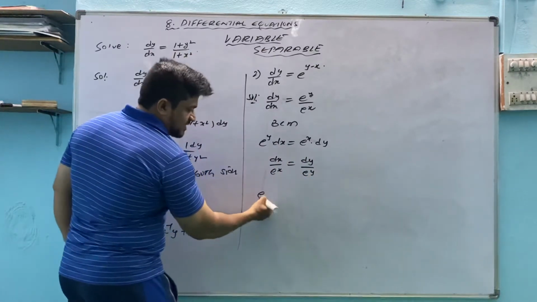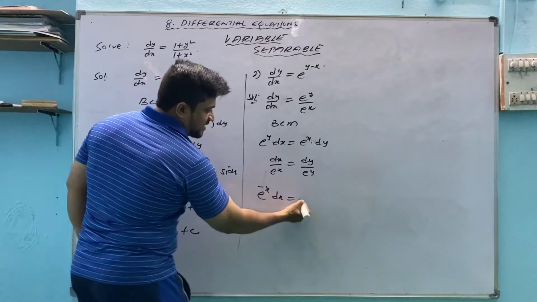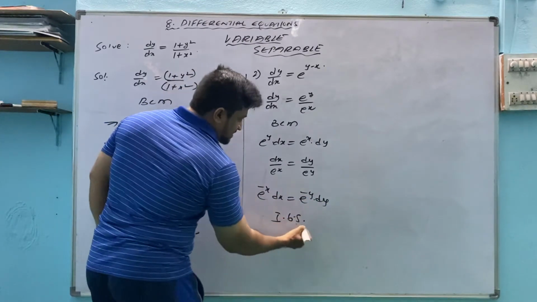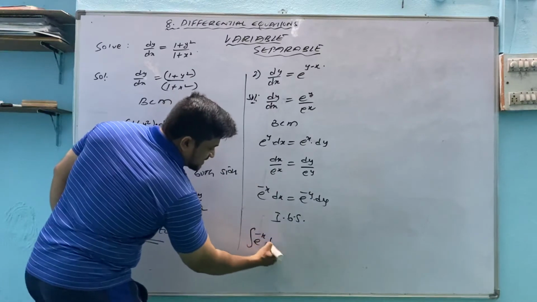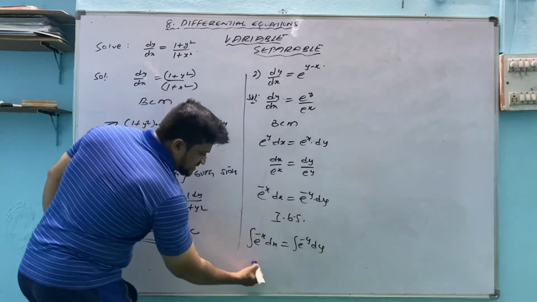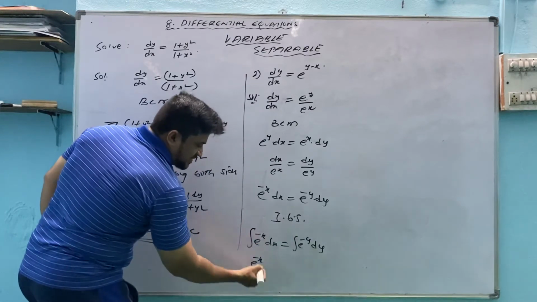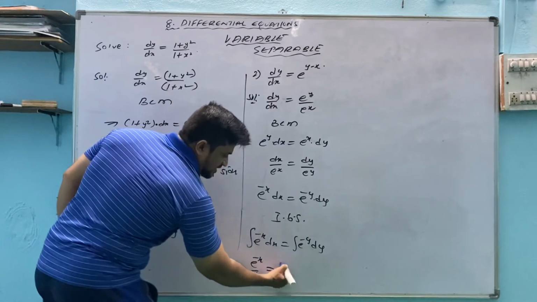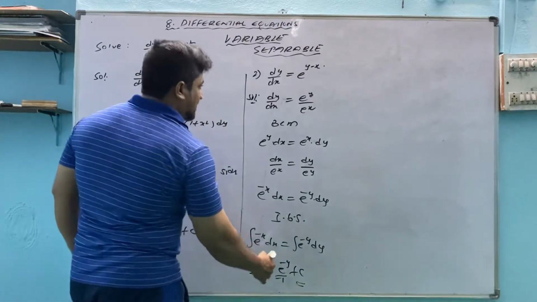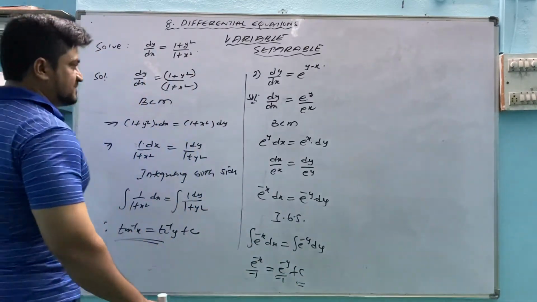Because it is in the denominator, take it to the numerator: it is e power minus x dx, this is e power minus y dy. Now integrating both sides, what do I get? Integral e power minus x dx equals integral e power minus y dy. The integral of e power x is e power x, because it has an inner function, the derivative is taken in the denominator, plus c. Both side minus signs you can also cancel and write.